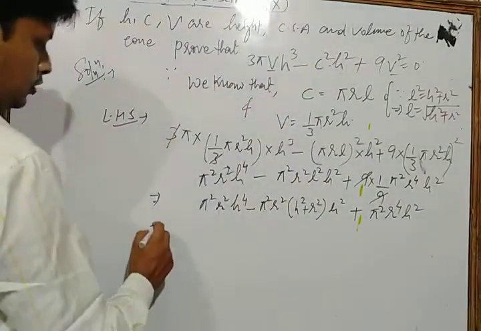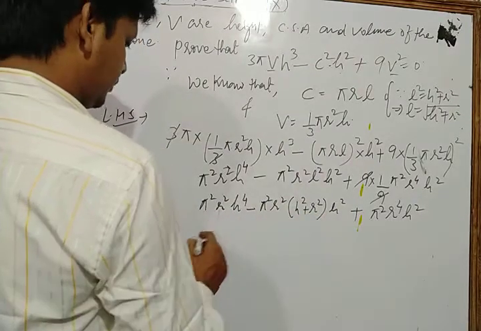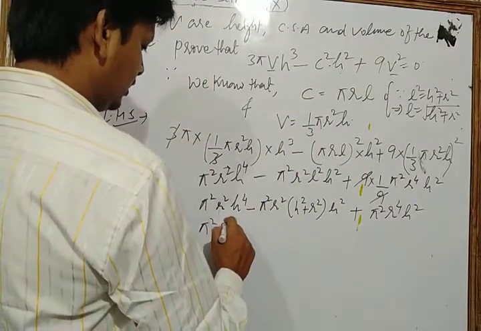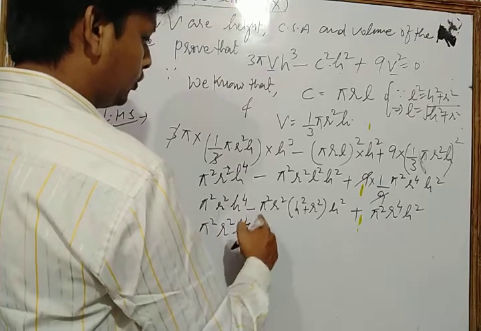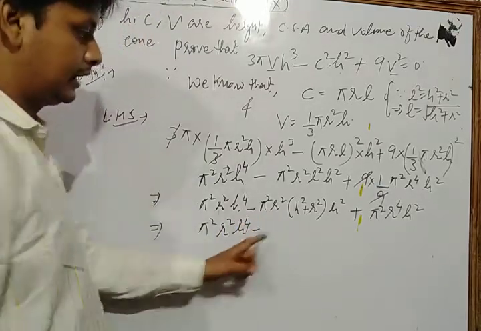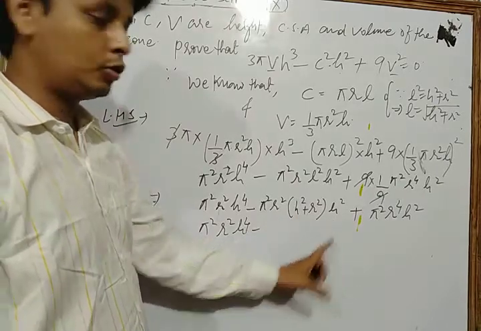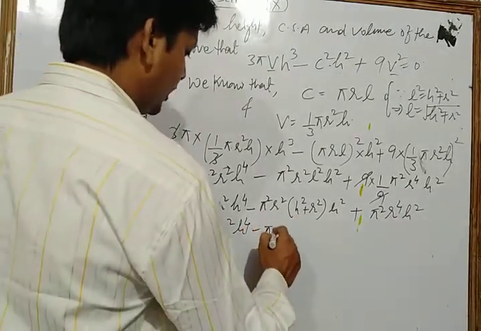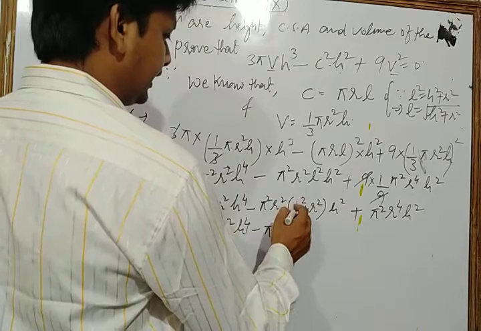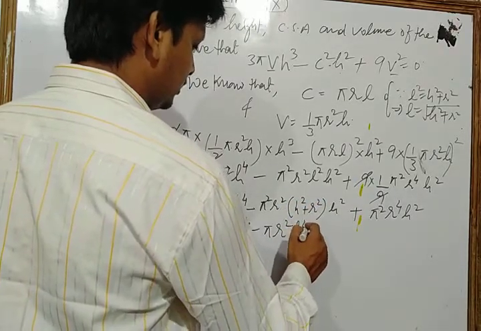Now we break the brackets. We get pi square R square H to the power 4 minus pi square R square H to the power 4.